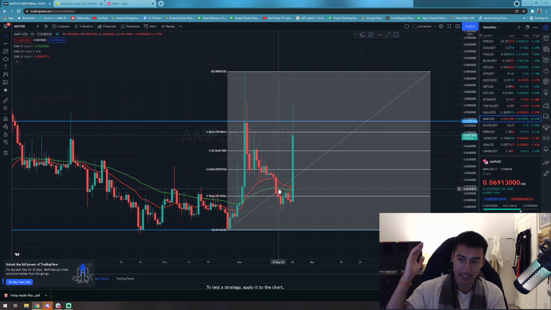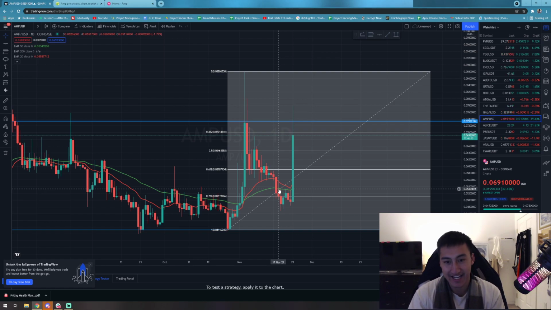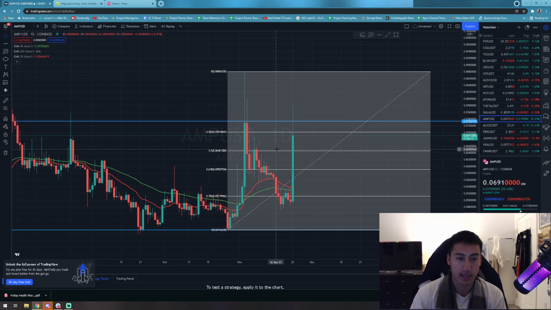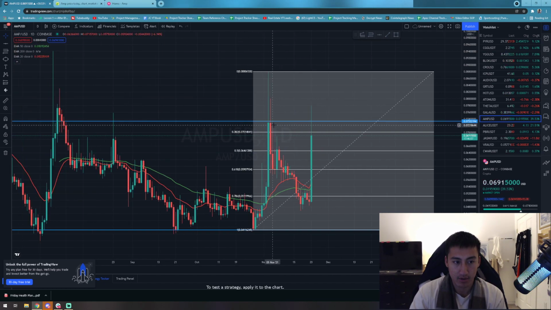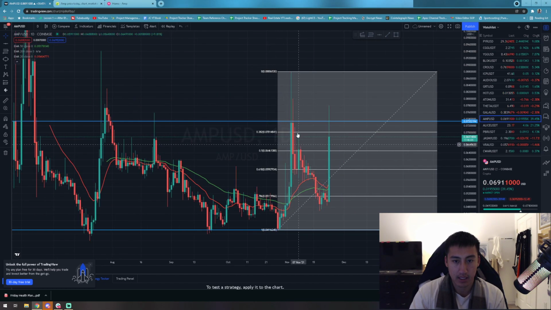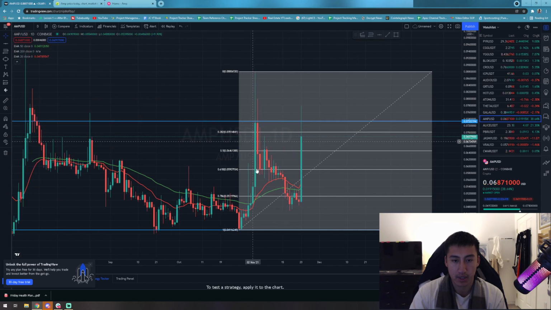Hopefully the history is different this time. So what AMP needs to do is break out of this resistance level. The reason I'm saying that is because in the previous price action, it hit this resistance level and retraced back down. So it's happening the second time, and hopefully the second time it will break.